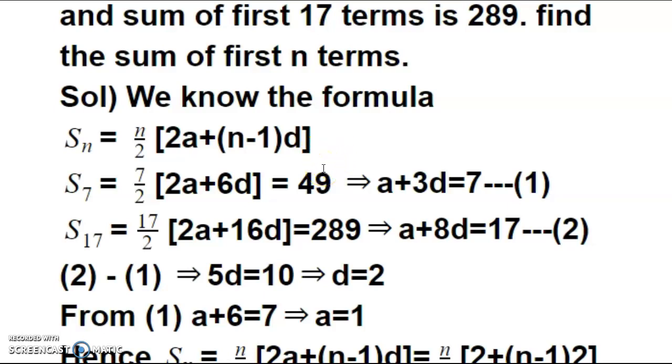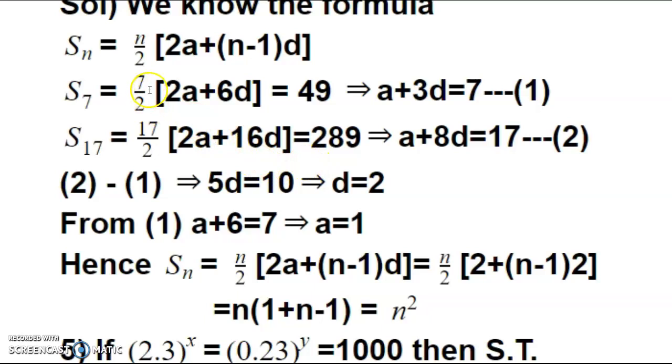So S7 is given: 7 by 2 into 2a plus 6d is equal to 49. By simplification, we will get a plus 3d is equal to 7. Similarly, S17 is equal to 17 by 2 into 2a plus 16d is equal to 289. Again by simplification, we will get a plus 8d is equal to 17.